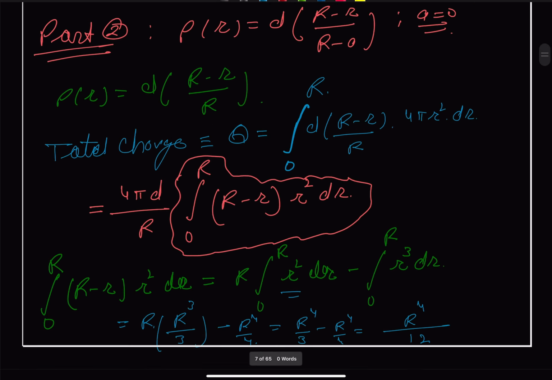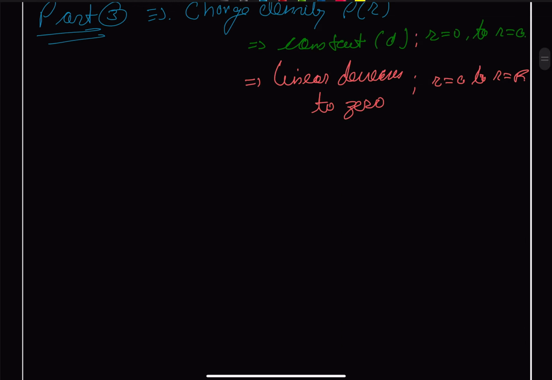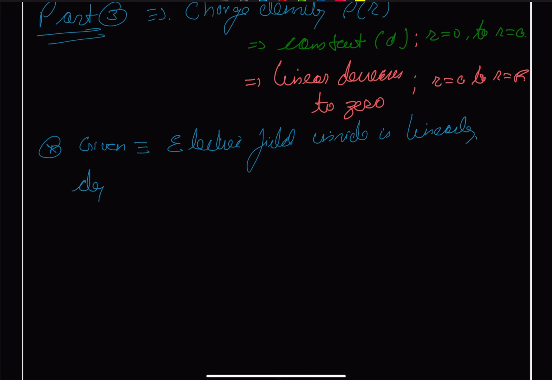So from here we can write that the electric field, that is E of r at a distance r, we are given that our electric field inside is linearly dependent on r.